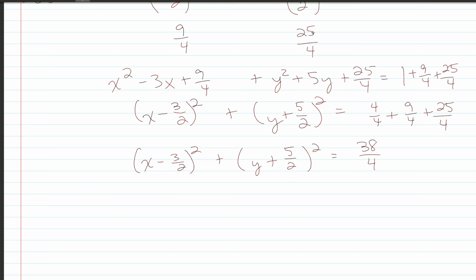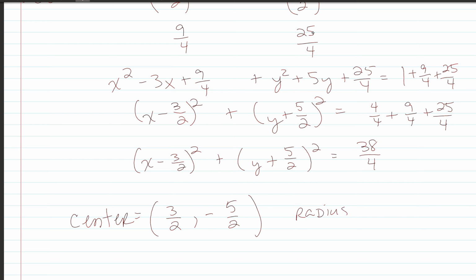This 3/2 will be our h, so we'll say the center is 3/2, and it's going to be positive 3/2. So I stress taking the opposite values. And then the k value, we're going to take the opposite value of this positive 5/2. It's a negative 5/2. So the center is at 3/2 and at negative 5/2.